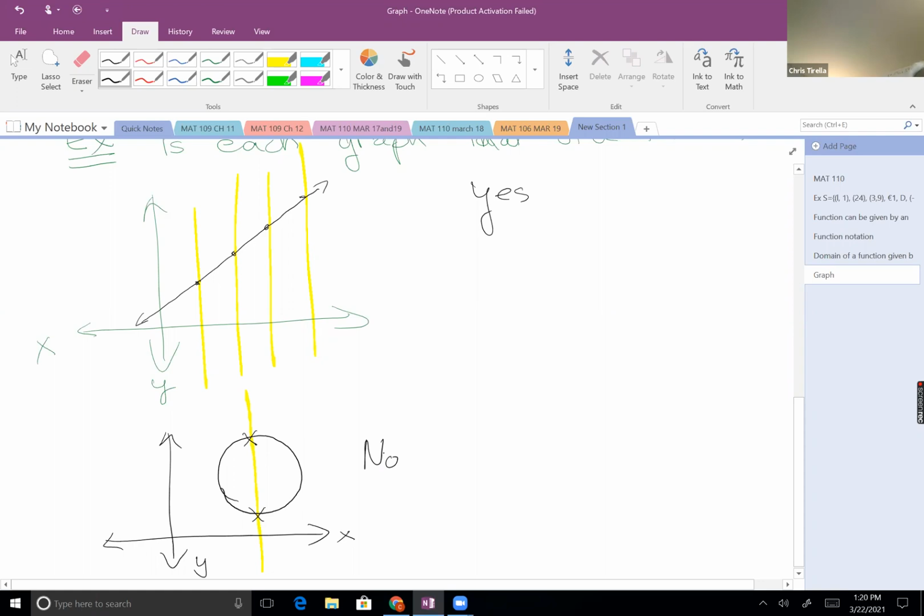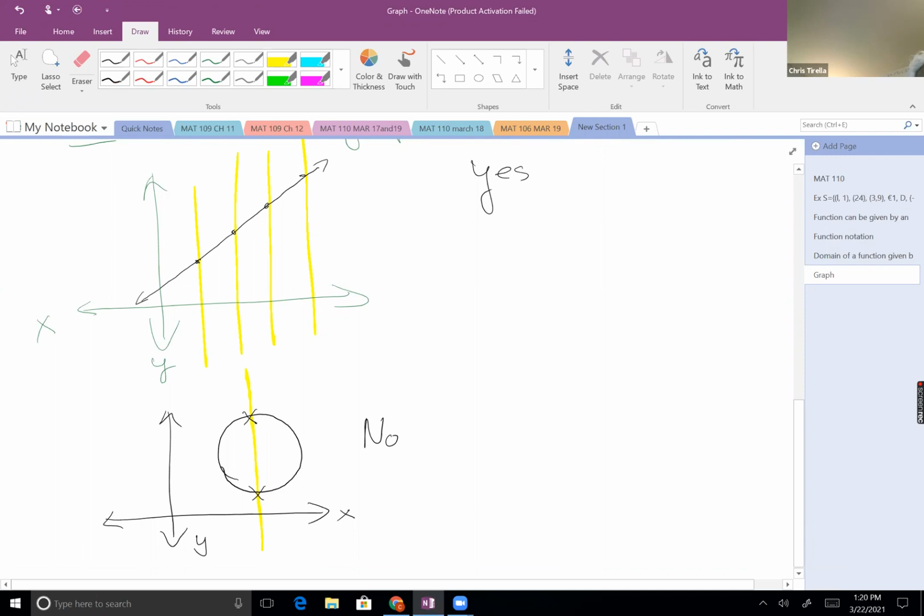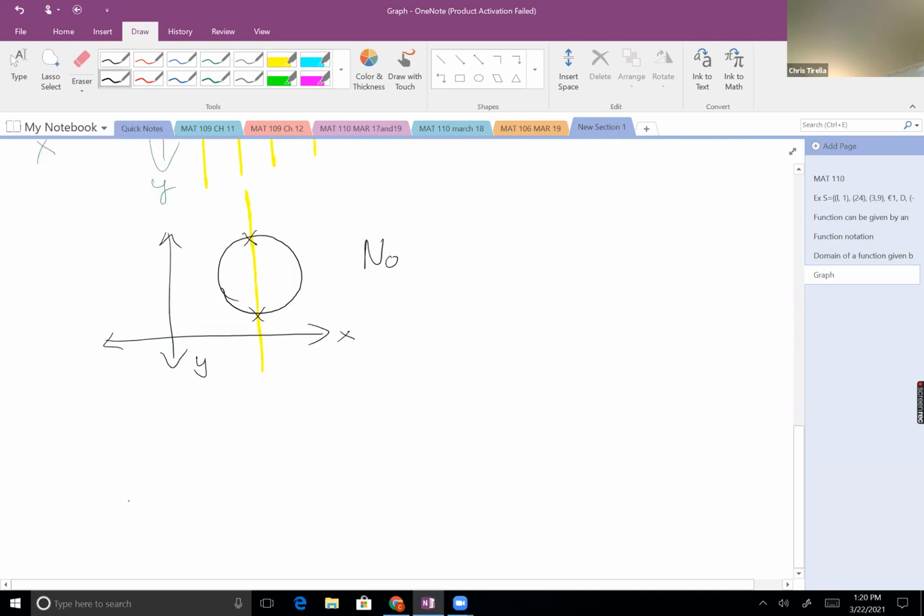So my answer would be no. Instead, I think earlier in the semester, we looked at the graph of an absolute value relation, and we had this V shape. If I picture any vertical line, it will only cross it once. So this would be a function.